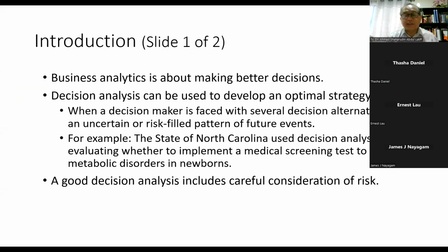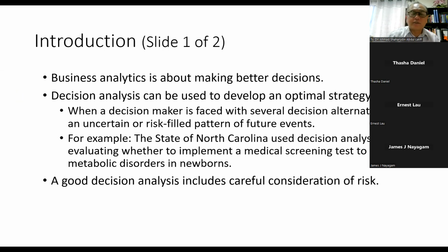The topic is decision analysis. As we have gone through in many classes, even just now, business analytics is about making better decisions. So decision analysis is how we can use it to make an optimal decision, an optimal strategy.